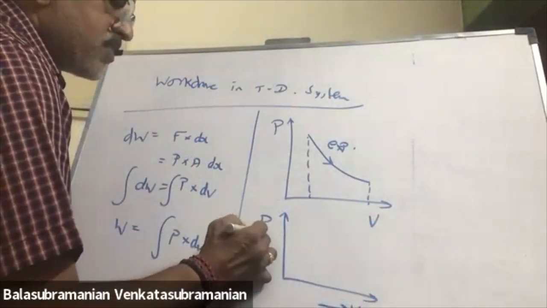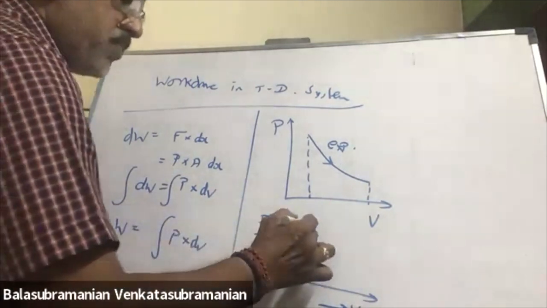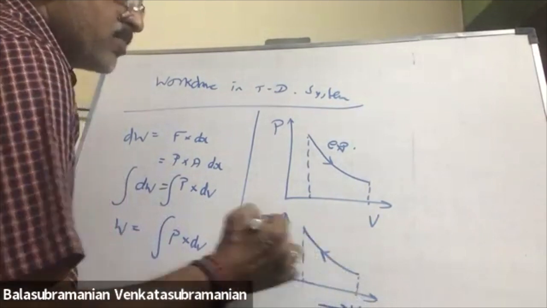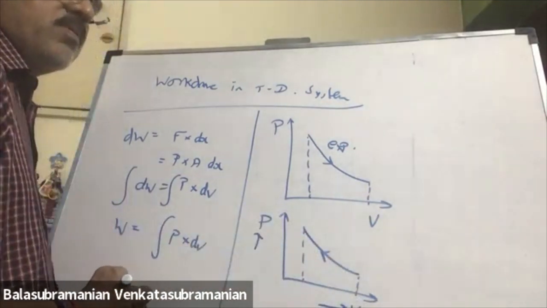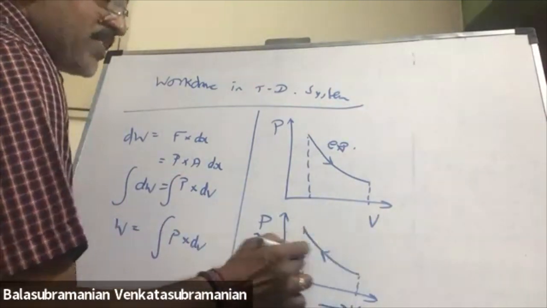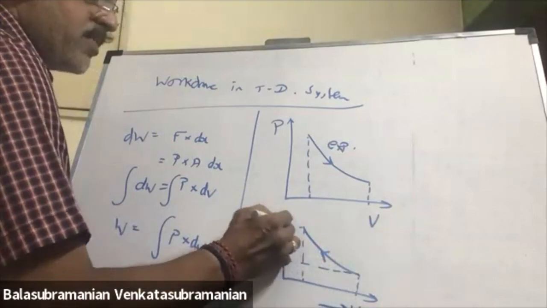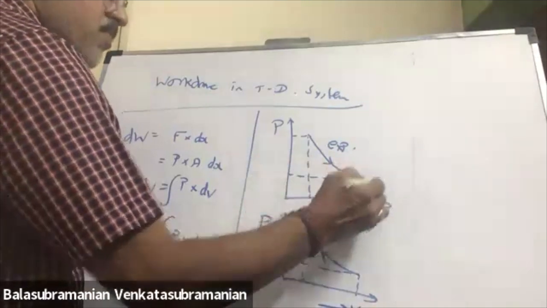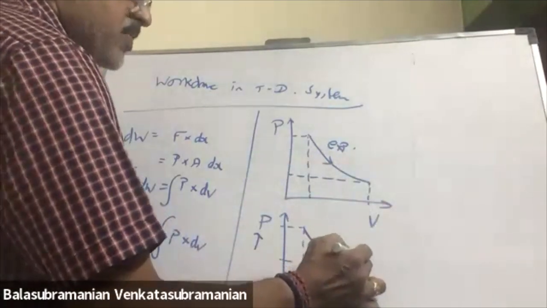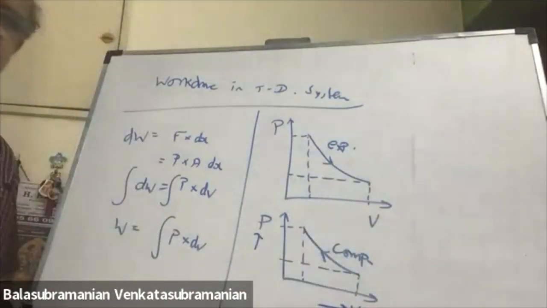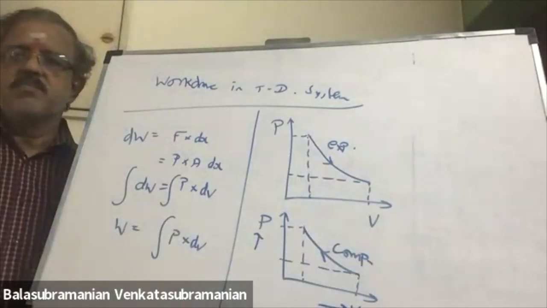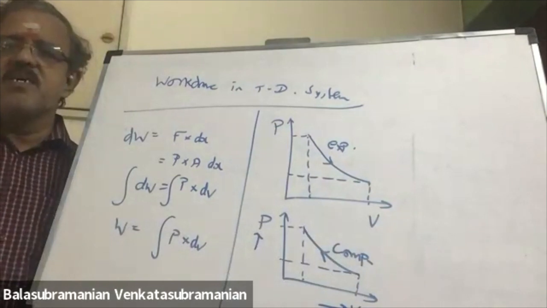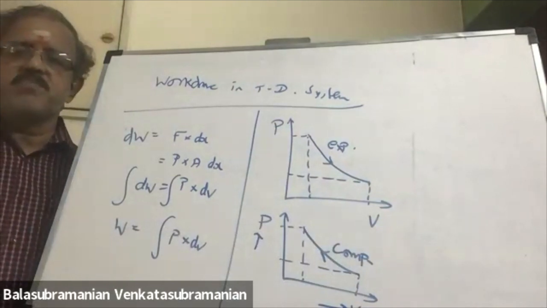With x-axis volume and y-axis pressure, the arrow is here. This is the initial volume. So pressure from this point to this point increases, volume decreases for compression. Correct? So this is the basic information in the thermodynamic system.